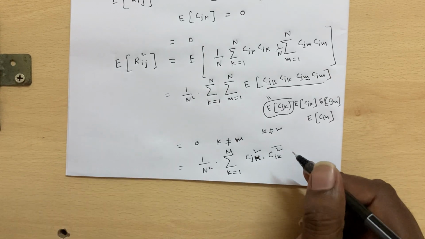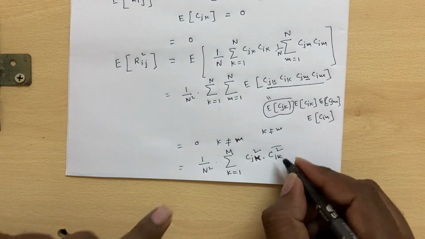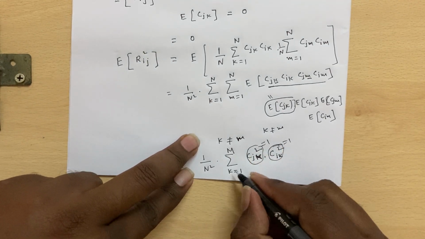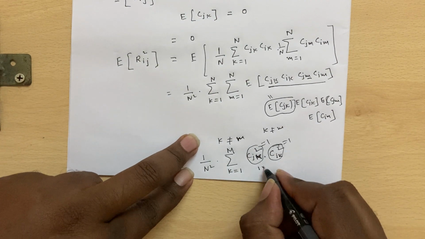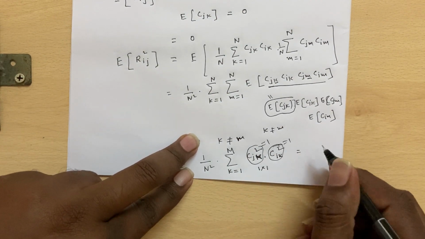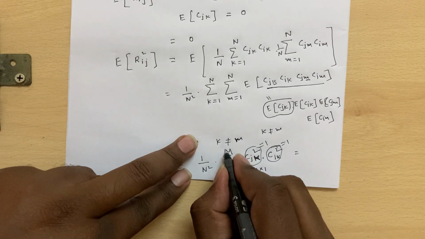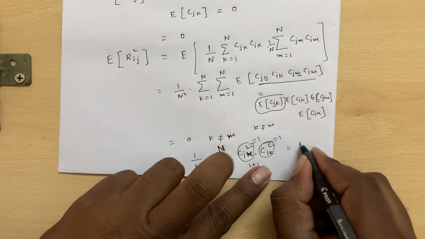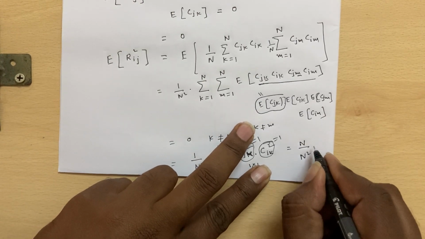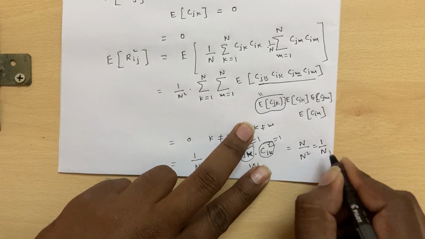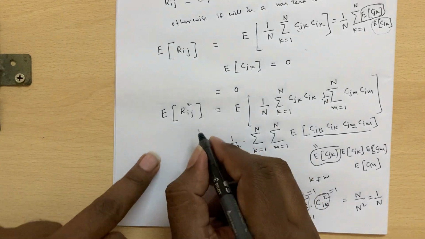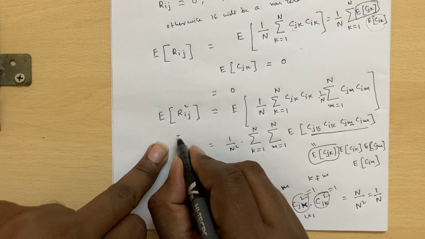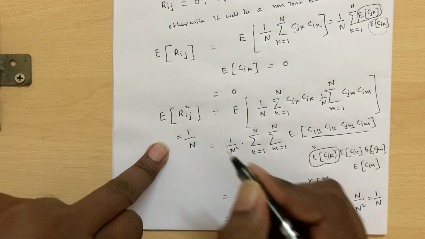Because Cik and Cjk are individually 1 or minus 1, the squares will be equal to 1, so 1 into 1 here, and the summation will be n, so it will be n by n square, that will be equal to 1 by n. So the mean square value of this cross correlation function is 1 by n, that we have found here.